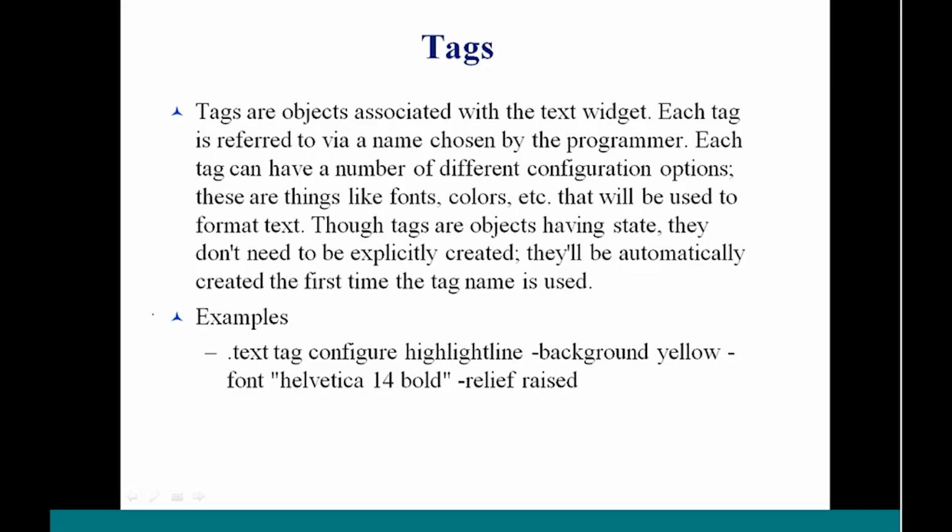Things like fonts, colors, etc. that will be used to format text can be put in as a tag. Even though the tags themselves are objects having a state, they don't need to be explicitly created. They will be automatically created the first time the tag name is used. Okay, so here .text for example, and then the tag is configured with highlight line, background yellow, font, and relief raised.